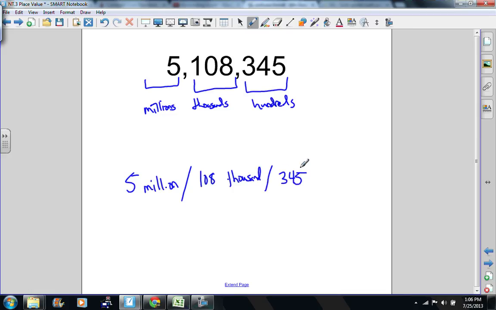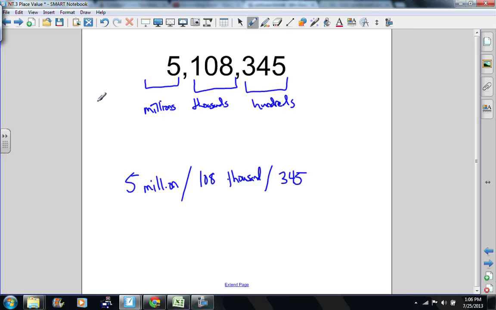So when you read the number, it's like you're reading 3 individual numbers. 5 million, let me get the pen on here. 5,108,345. Okay, and that all happens because these are the 1 spot, 10 spot, 100 spot, then 1,000 spot, 10,000 spot, 100,000 spot. Each of those groups of 3 are individually grouped.